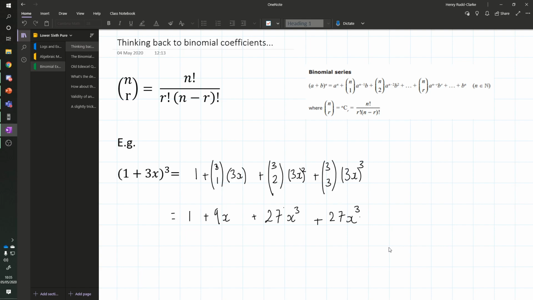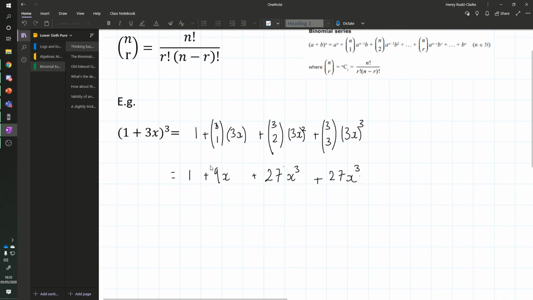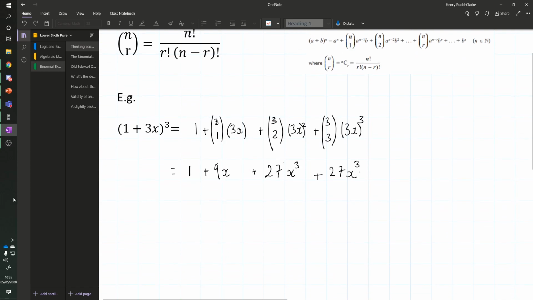Now we want to ask ourselves a different sort of question. What is going to happen if I have an expansion like this that I want to do? Like, what if I wanted to expand, say for example, 1 plus 3x to the power of minus 2?